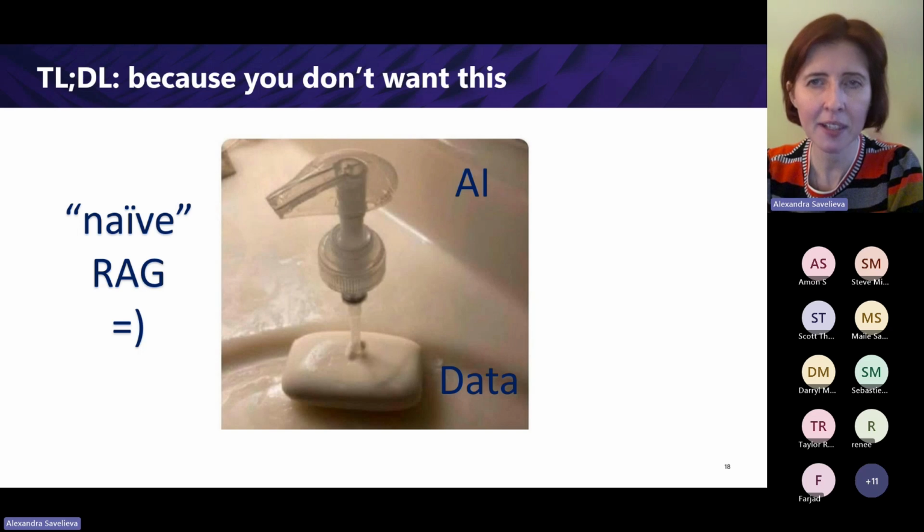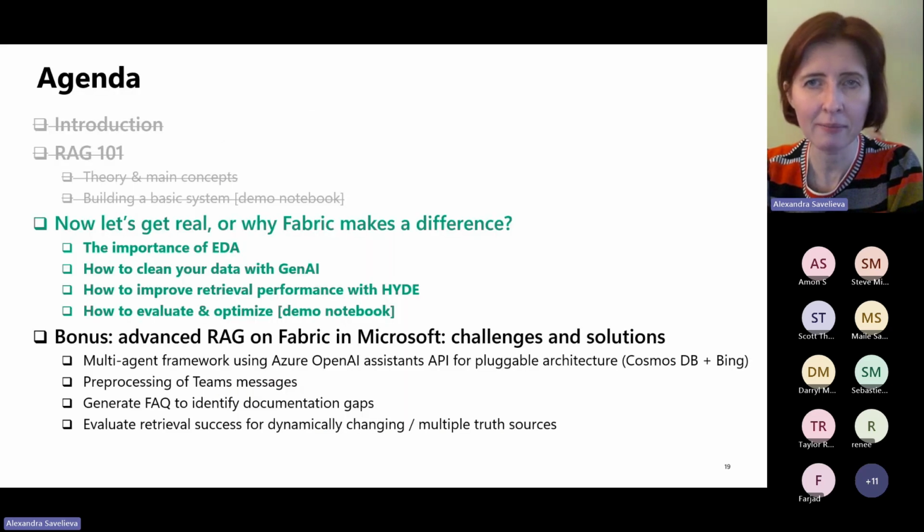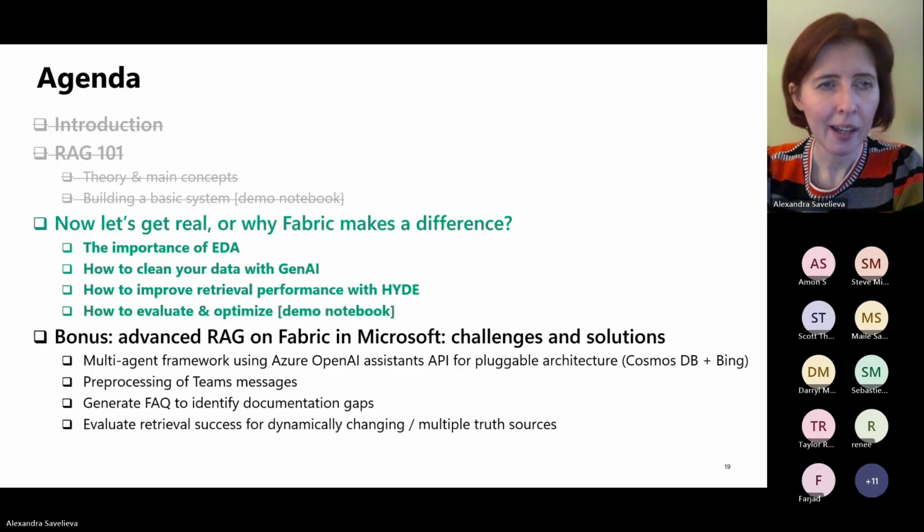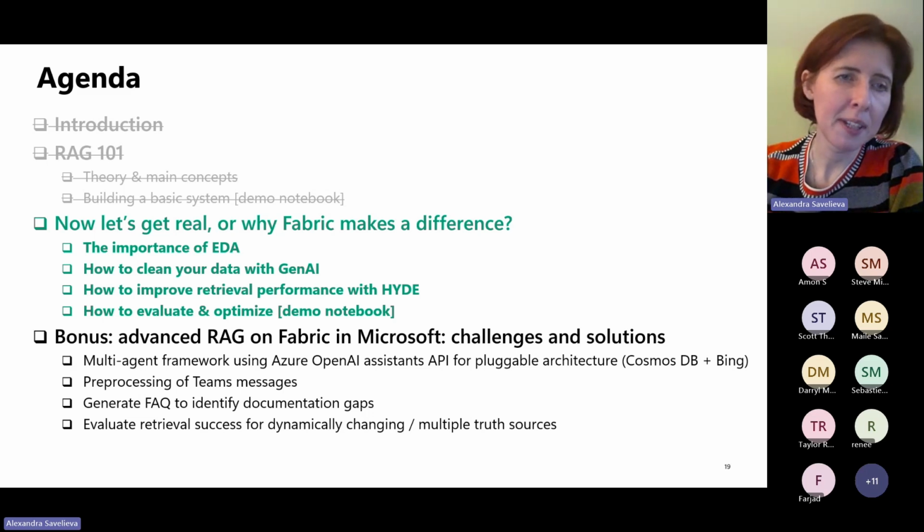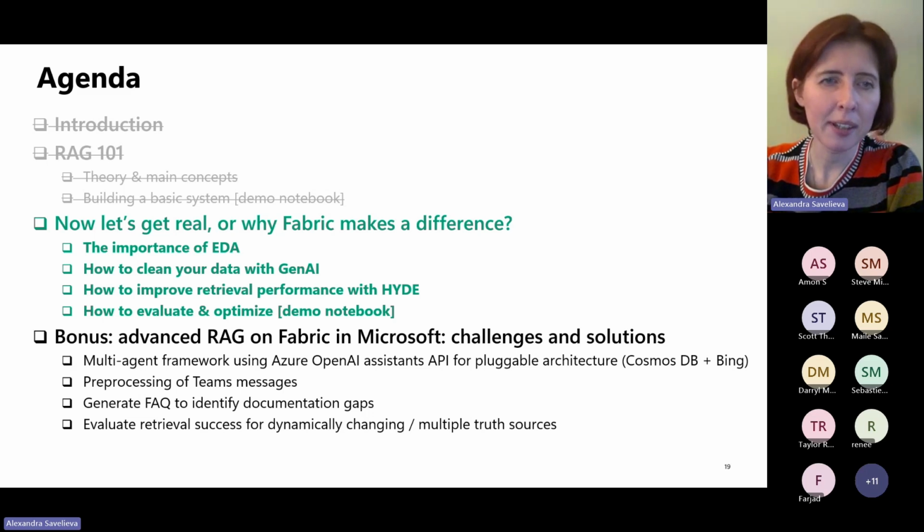And this is what the second part is about. So in the second part, we'll cover the importance of HyDE. We'll talk about how to clean data with the help of GenAI. We'll talk about hypothetical document embeddings, which you probably have heard about. And a very important one, evaluation and optimization, without which real engineering of RAG is impossible.